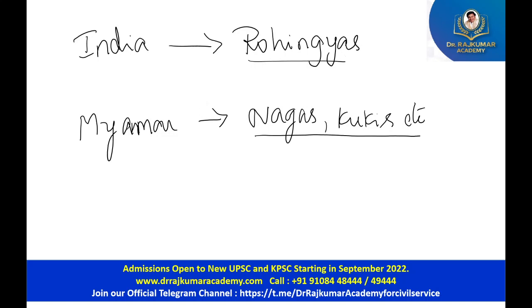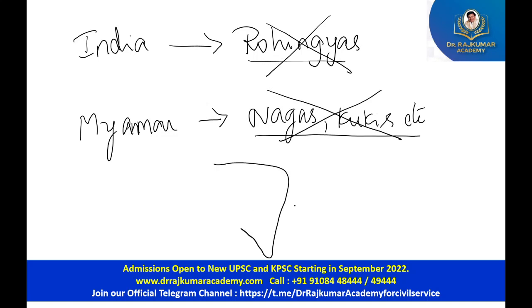Now the present BJP government in 2014 told that Rohingyas are not refugees. They are illegal migrants. So India stopped supporting Rohingyas. At that point of time, Myanmar stopped supporting Nagas, Kukis and all. So now what happened in 2014, Naga groups, Manipuri groups were present here.